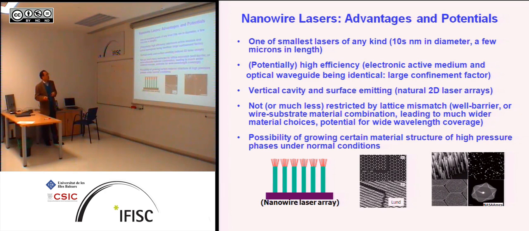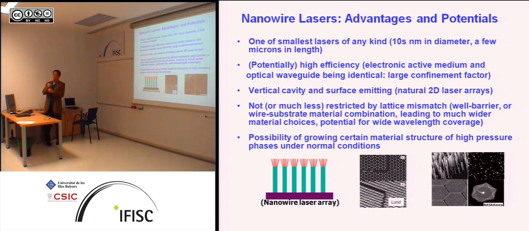If you grow epitaxially like indicated here, you can think of this like an array of lasers, almost like VCSELs. But it's much smaller, right? Because we have 100 nanometers in diameter. So you get an array of those wires, like vertical emitting laser arrays. This aspect is what I think is very important.